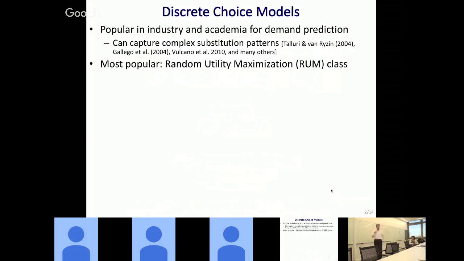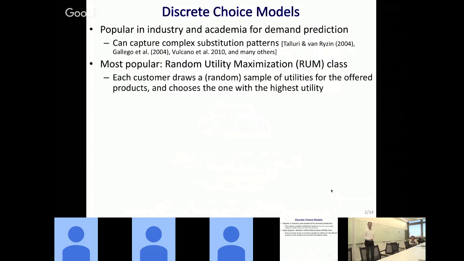one of the most popular discrete choice models that we can use to try to estimate this probability is what we call the random utility maximization class of discrete choice models, or RUM in short. Okay? Virtually every single paper that has used a discrete choice model falls in this class, with tens of thousands of papers written on it.